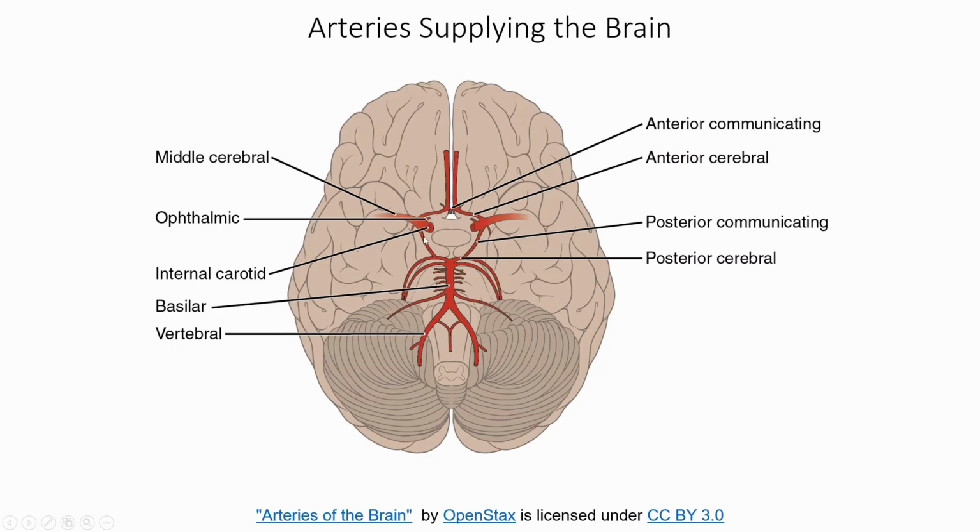And then coming down, going posterior, we have the posterior communicating, the posterior cerebral, and then the basilar, and then the vertebral, right? So we join up together and form this circle, hence the name Circle of Willis. So we're bringing blood up through the vertebral and the internal carotid, starting that process.